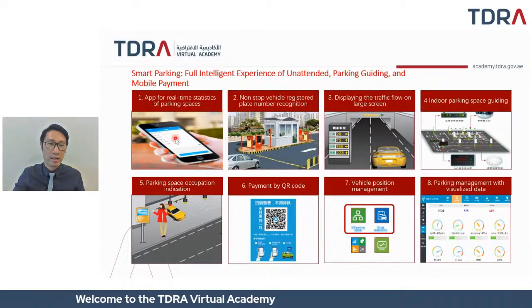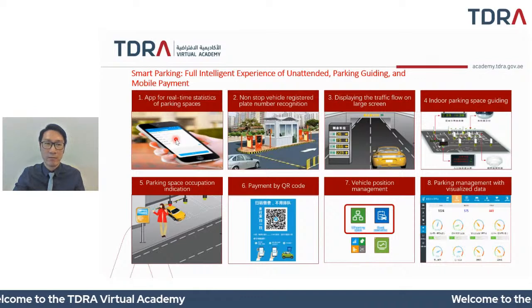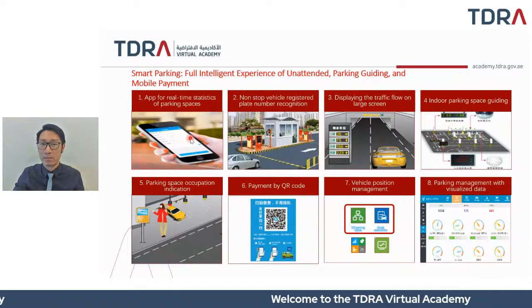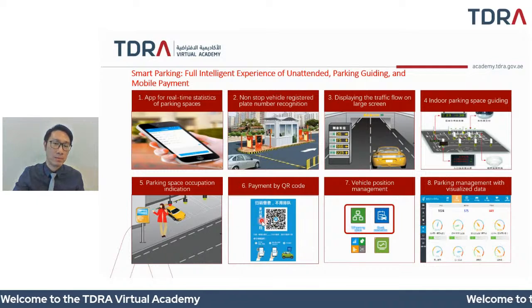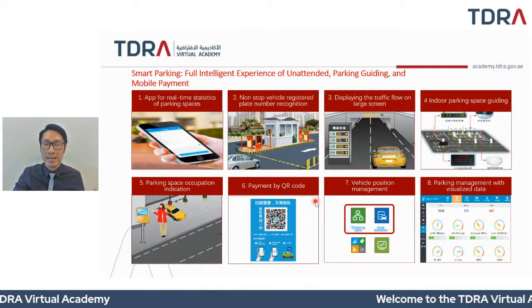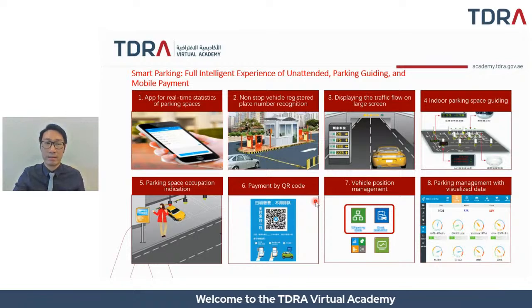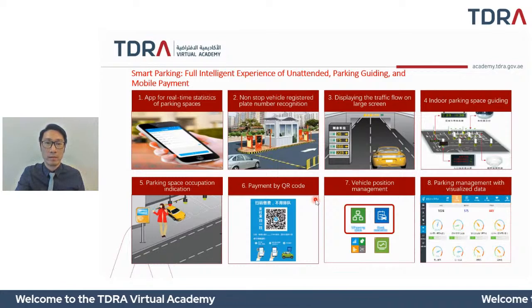You can check the application using the phone, which building has empty parking space, and it will guide you to the parking space and you can pay through the apps. So this would be in future what we want, to save our time in finding parking, right? So it's also a very good feature.